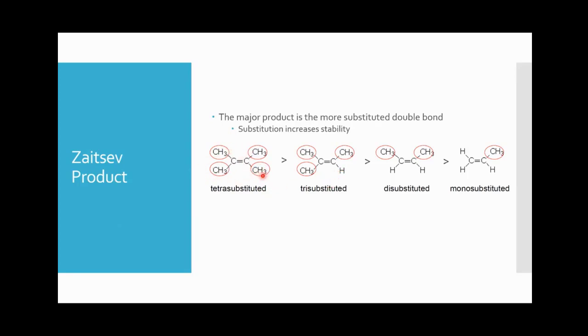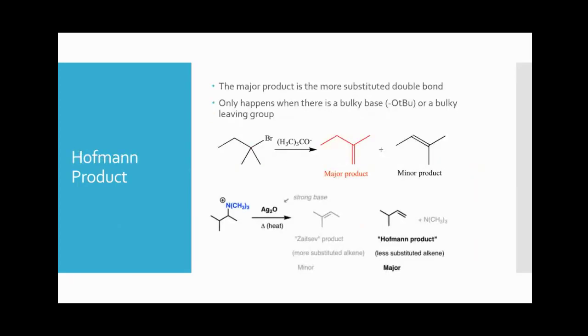So, for example, if the double bond has four groups, it would be a lot more stable than if it has three, and so on. And then on the other hand is the Hofmann product. The only way you would get the Hofmann product is if you have a bulky base or a bulky leaving group.